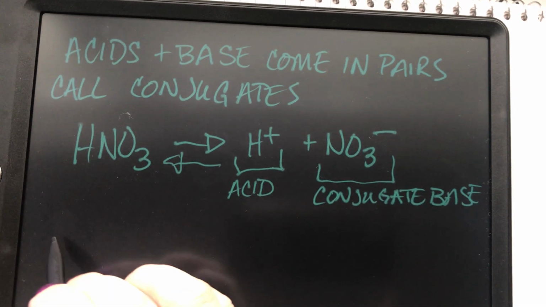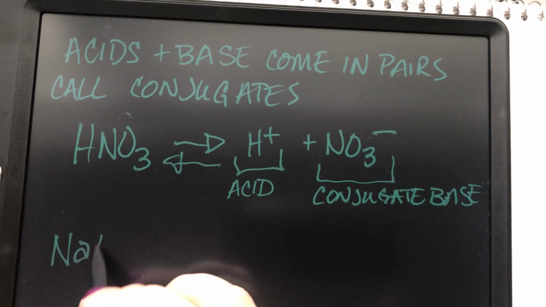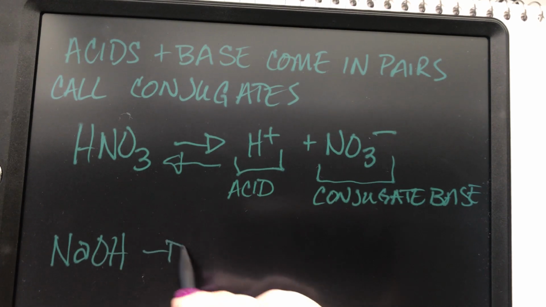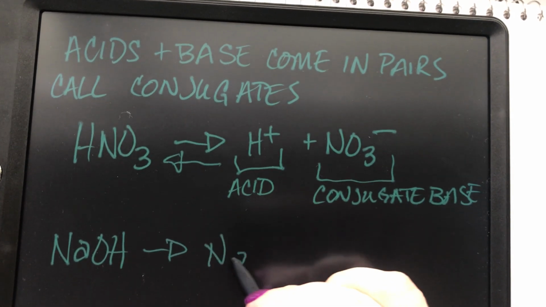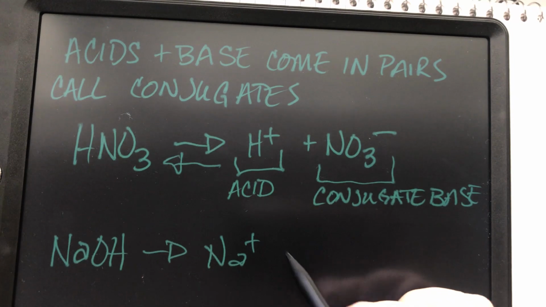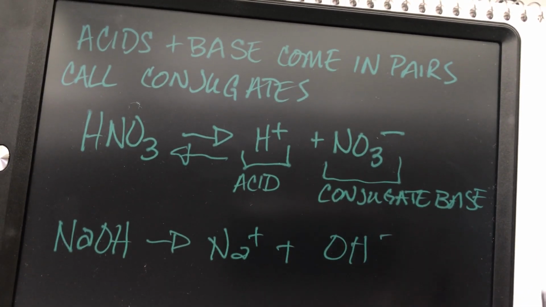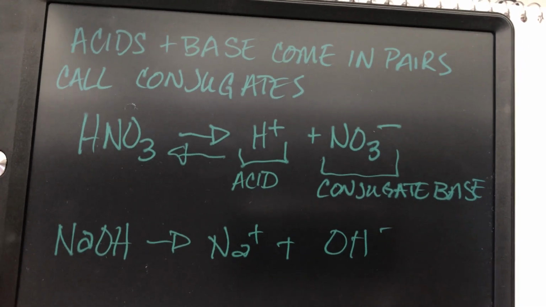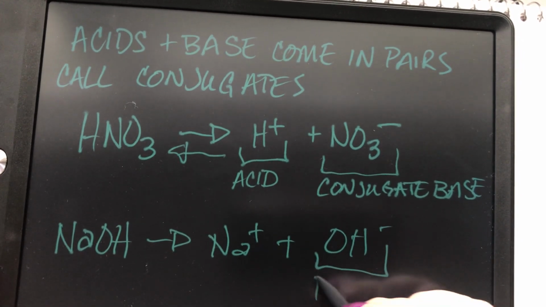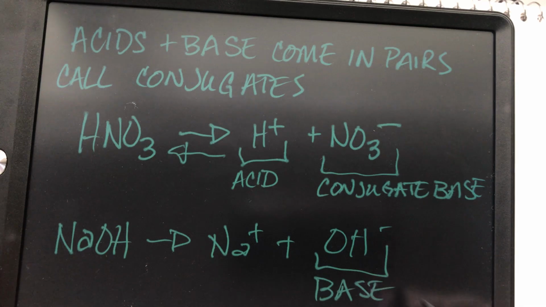So, if we were looking at a base, a base dissociating is going to give us, for sodium hydroxide, sodium ions and a hydroxide ion. We said that the hydroxide is the base. So what do you think the sodium ion is?